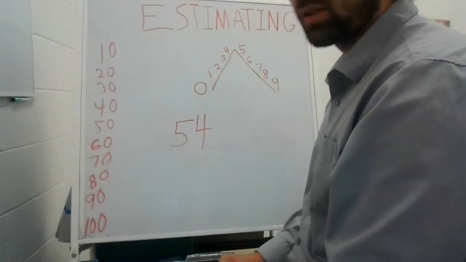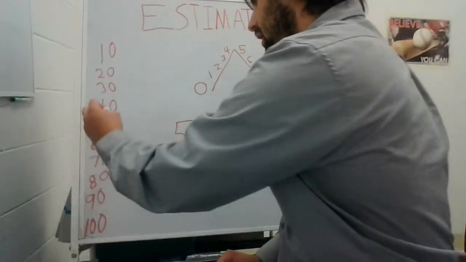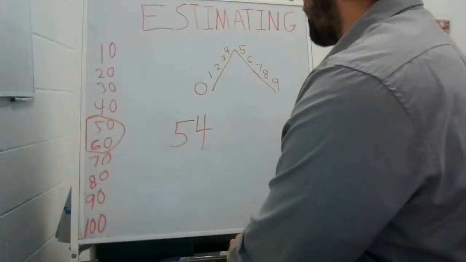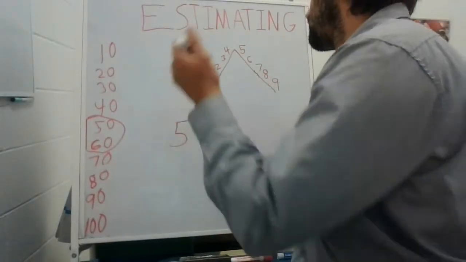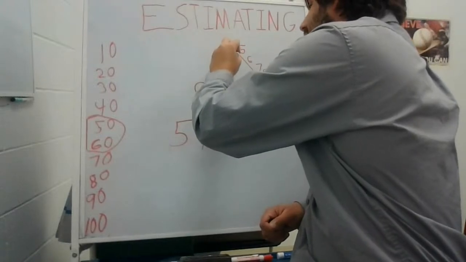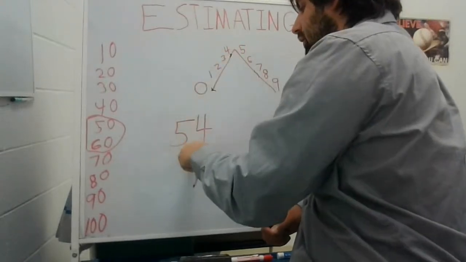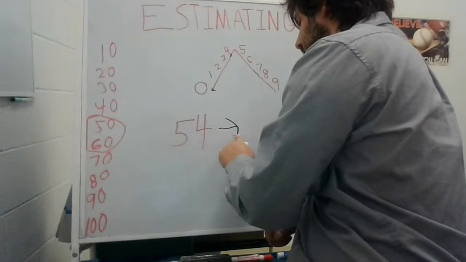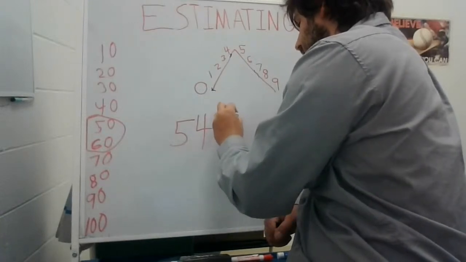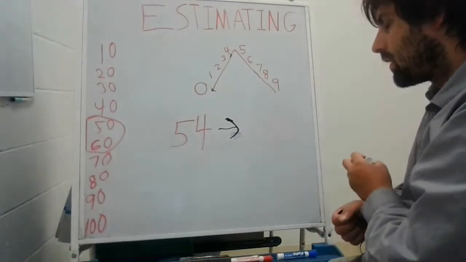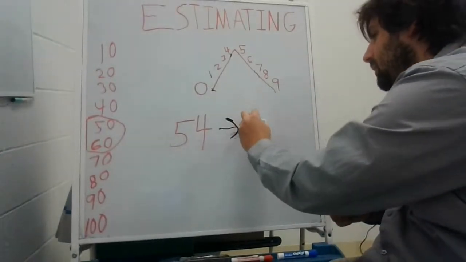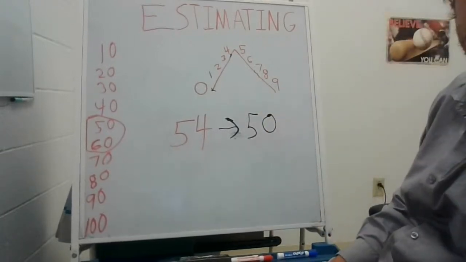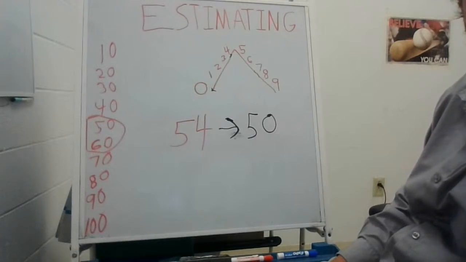So the number 54, the two tens that are closest are 50 and 60. Now looking at the digit in the ones place, the 4, 5 or more we raise the score. 4 is less than 5. So for the number 54, we are going to round down. So 54 rounded down would be 50.